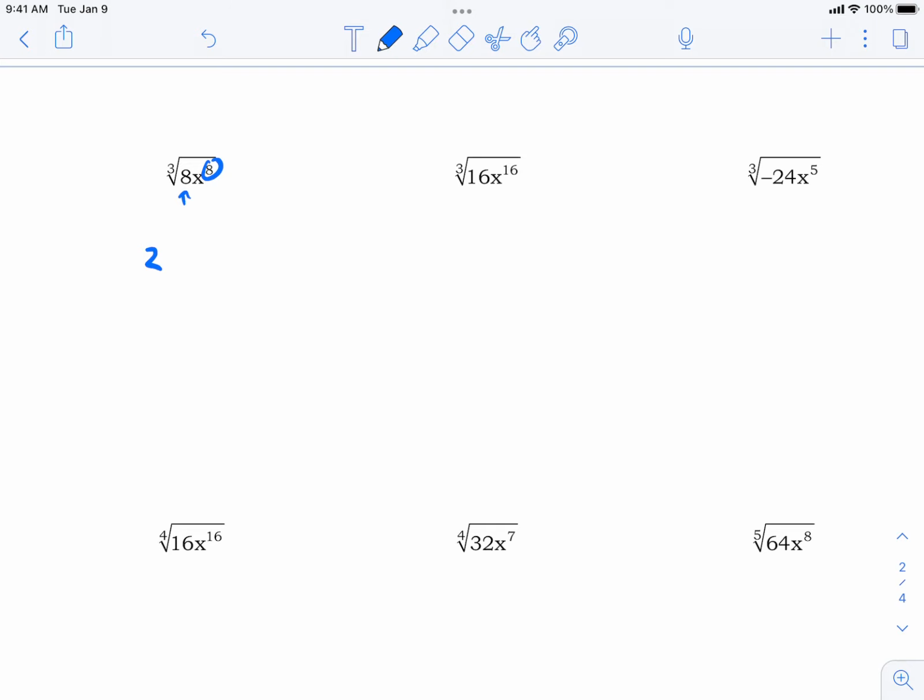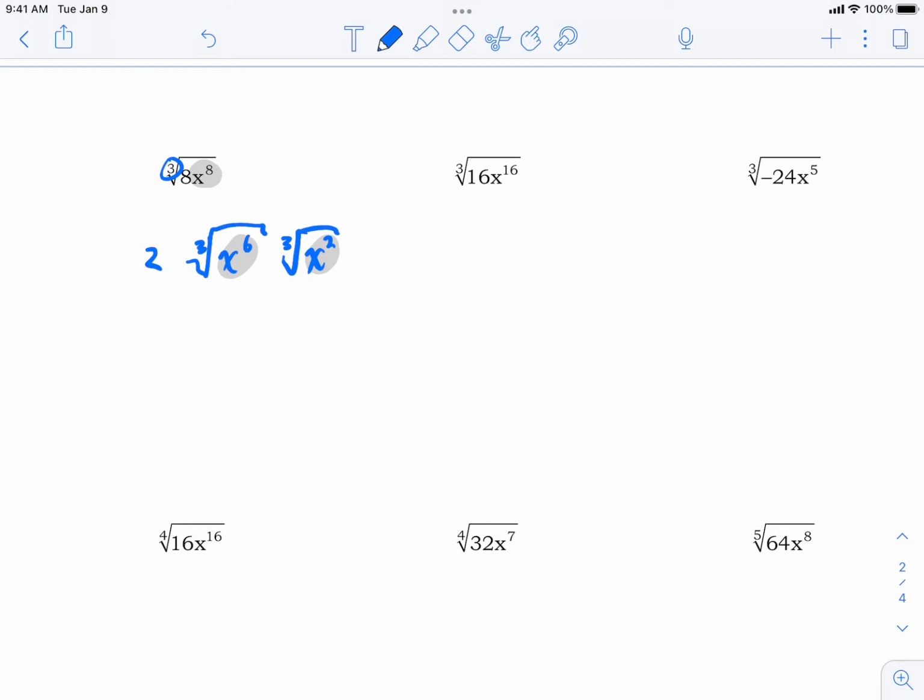What you got to do here is take the x to the 8th, and like I was saying before, count by threes and get as close as you can. 3, 6. That's as close as I can get to an 8 without going over. So I got a cube root of x to the 6th split off, leaving an x squared, because you need this times this to be this. So x squared times x to the 6th is x to the 8th.